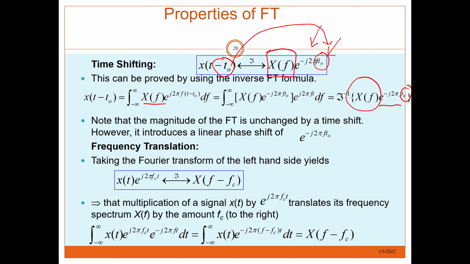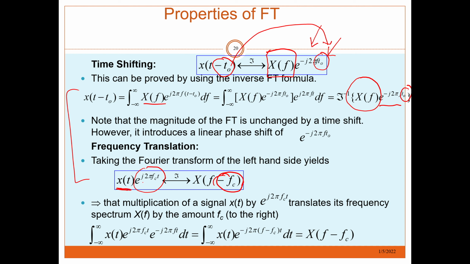This also has the same meaning. For frequency translation, if we have a function x(t) multiplied by e to the j2 pi fc t, which is actually the inverse, the duality, then in the frequency domain this function will be shifted by fc.